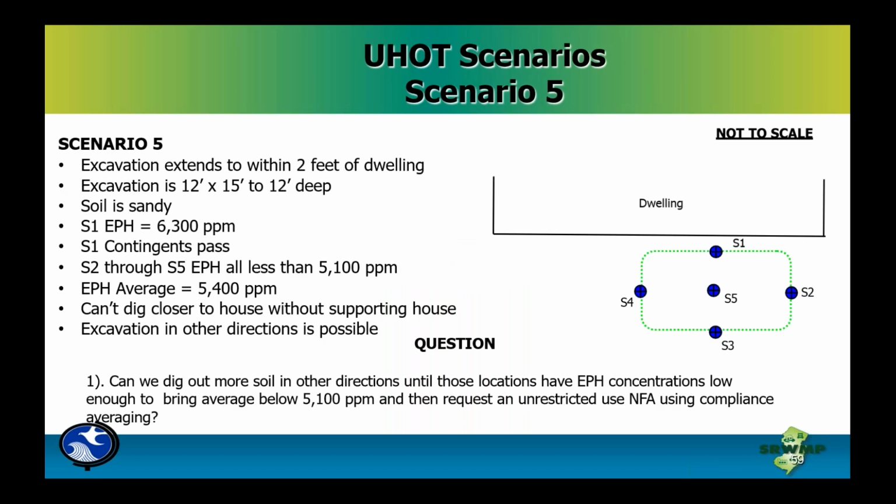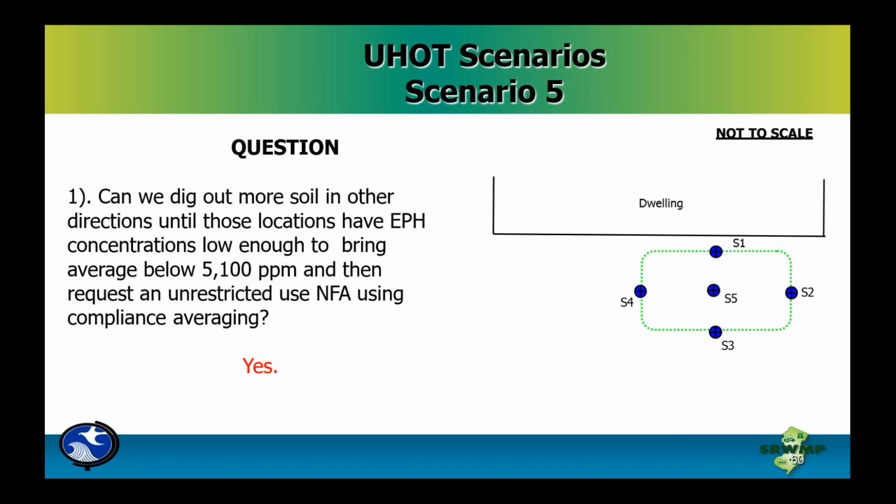Scenario 5, again, sort of what we had in the last one, but now we can dig out in the other directions away from the house. So can we dig out more soil in the other directions until we can lower our average below 5,100 and then use an NFA for compliance averaging? The answer to that is yes. Now it was different from your question, Greg, because your question was, could you do more delineation samples?